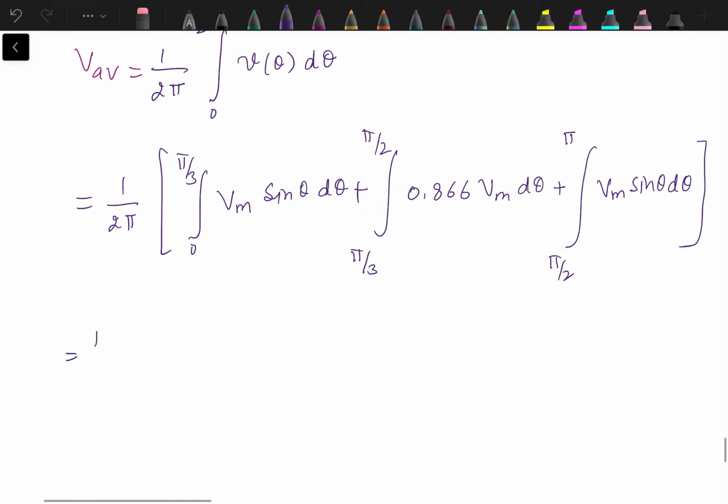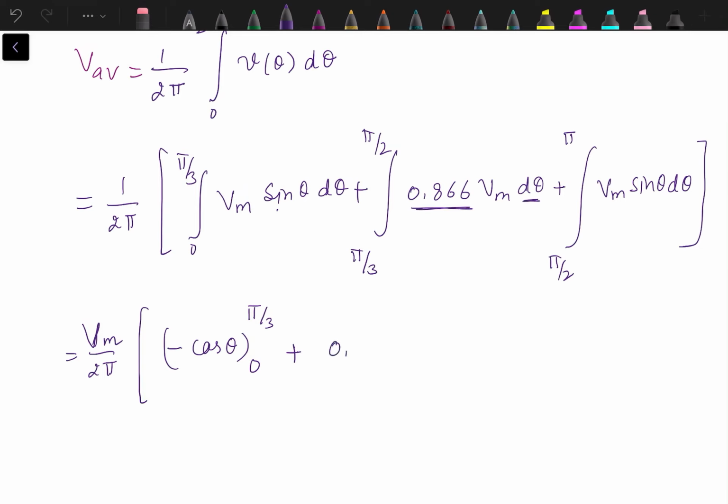So 1 upon 2 pi. Now integration, Vm is common in all of them, so let's take it outside. Integration of sine theta is minus cos theta, limits from 0 to pi by 3. Then 0.866 into d theta integration will be 0.866 theta, theta varying from pi by 3 to pi by 2.